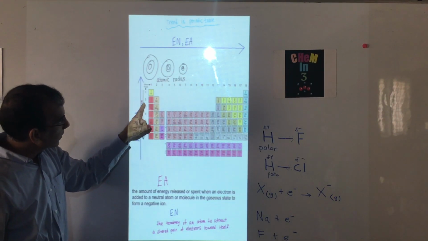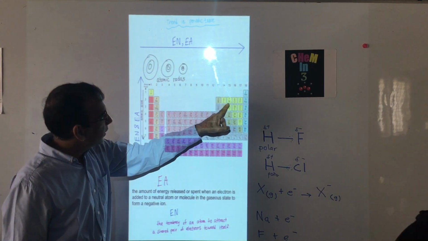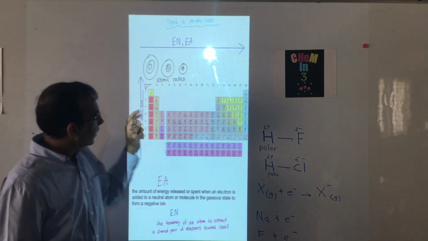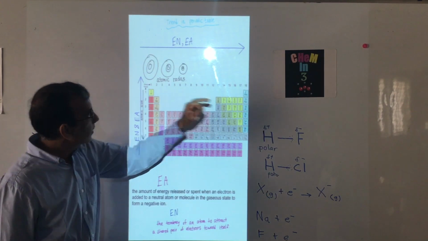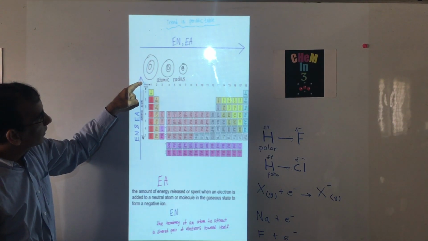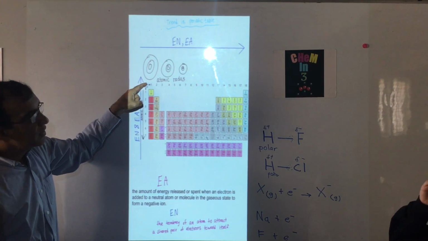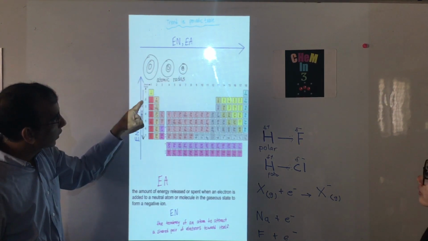That if you go across this period of the periodic table, lithium, beryllium, boron, carbon, nitrogen, oxygen, fluorine, the En increases, right? And why is the En increasing? You have it in your diagram, right? Two things are happening. One thing is staying constant, and another thing is changing. What is staying constant as you go across?